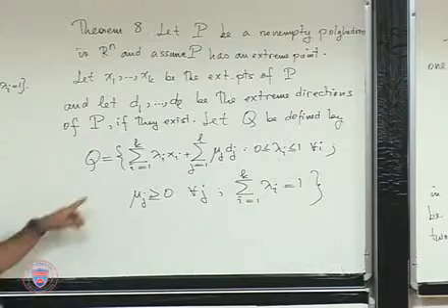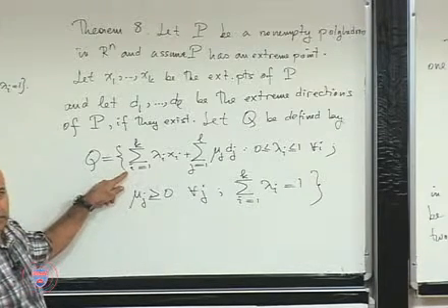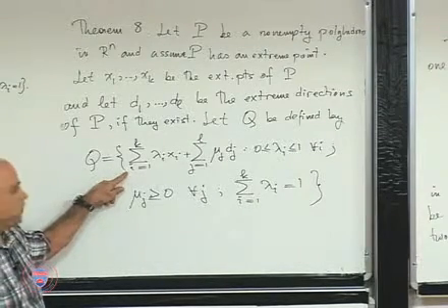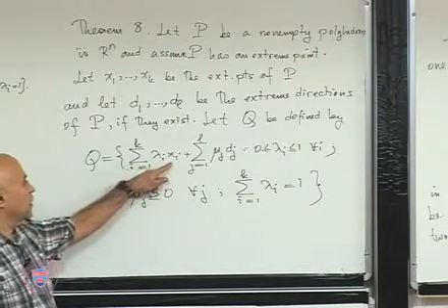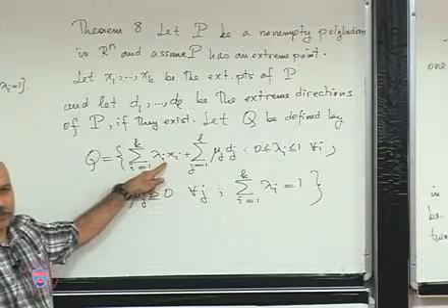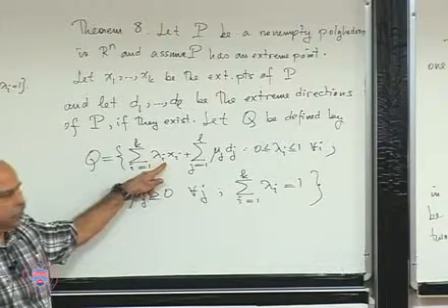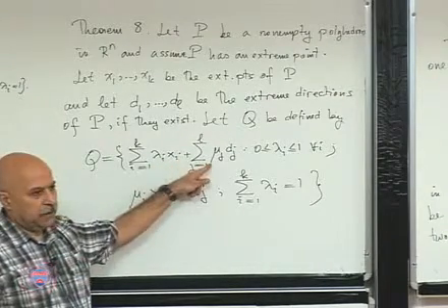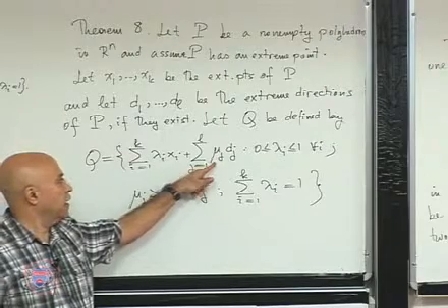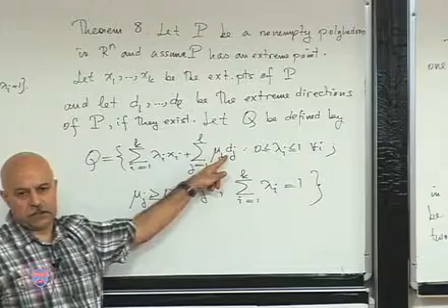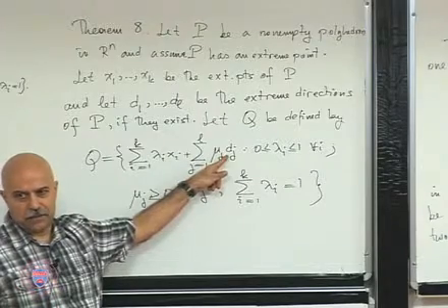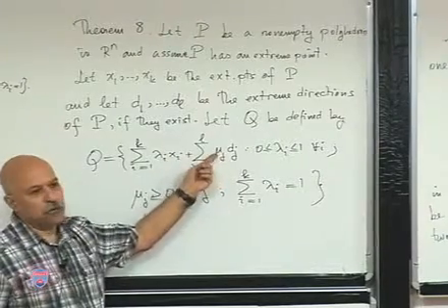Now, in this definition, what you're doing is you're taking a convex combination of the extreme points by choosing your lambdas. Plus, to it, you are adding a non-negative combination of the extreme directions if the extreme directions exist. Of course, mu j's can be 0.